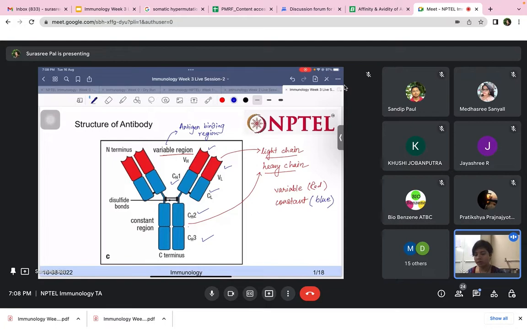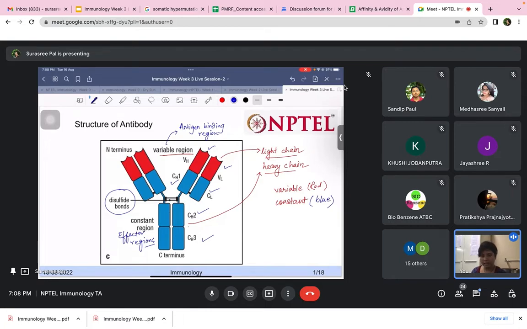These are usually brought about by the constant region. And the heavy chains and the light chains are joined by disulfide linkage. So this is a typical structure of the antibody, the variable region and the constant region.